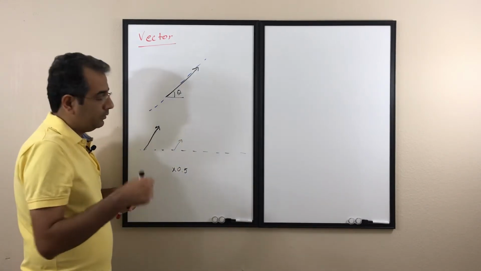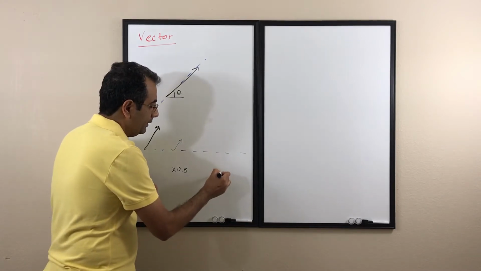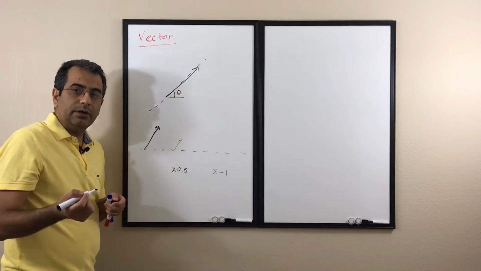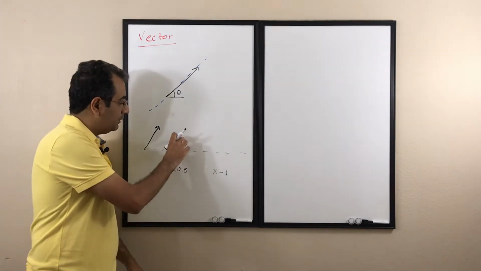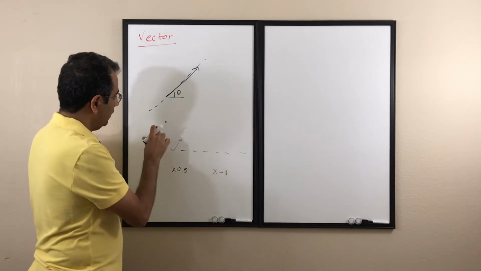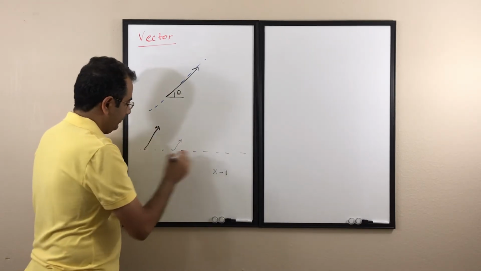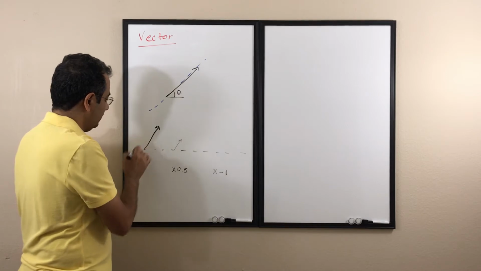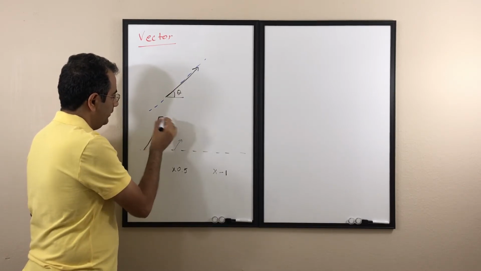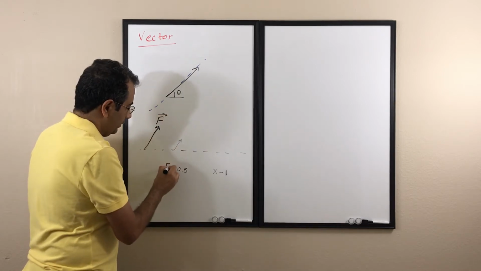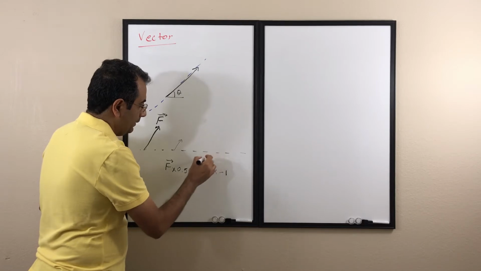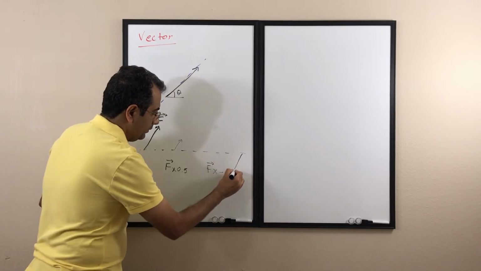But what about if I multiply it by, for example, negative 1? If I multiply by negative 1, not only does its magnitude change, its direction also changes. So if I put, for example, this vector as F, then it's F times negative 1, and this time it's going to be like that.